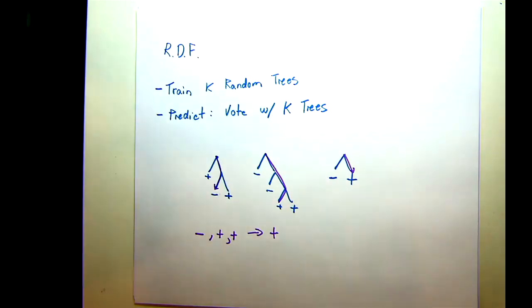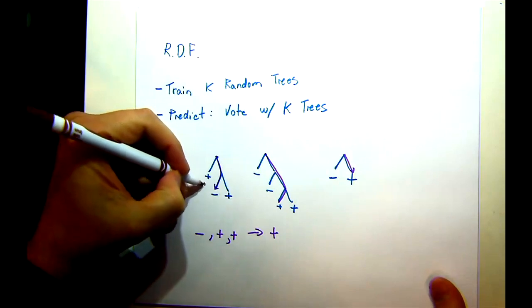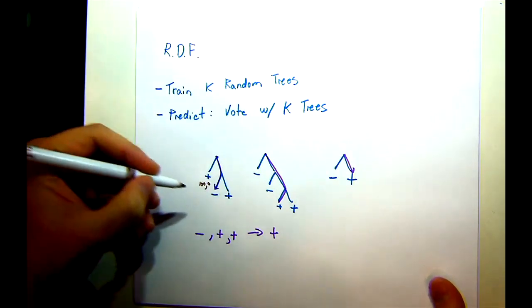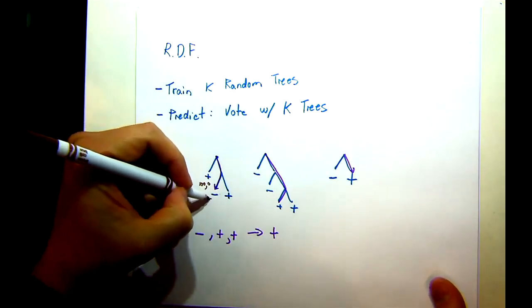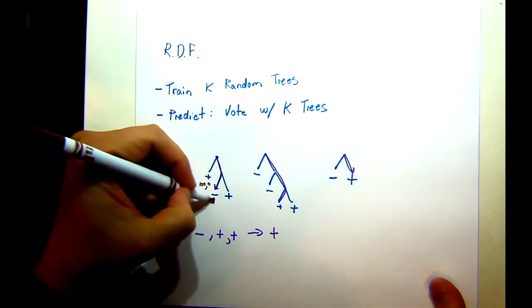Let's just say that I knew the number of examples that ended up in each of the leaves. And let's say that for the positives, we had 100 positives here and 0 negatives. We had 49. These don't even have to add up to 100.